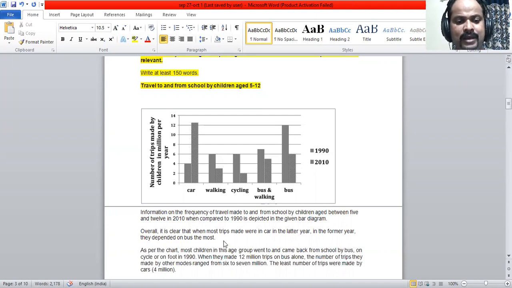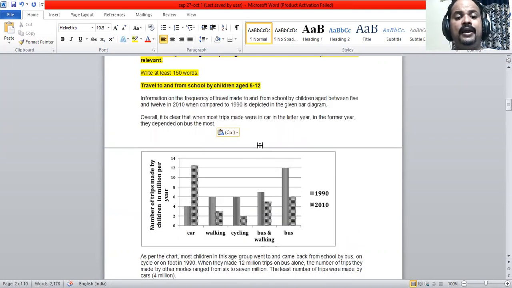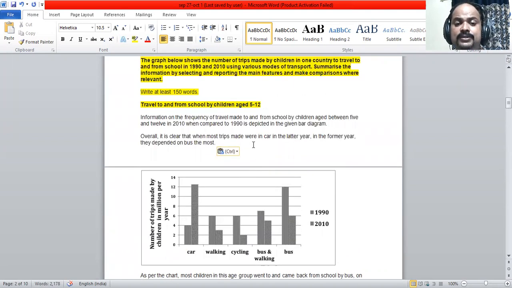Now let's go ahead with the introduction as well as the overview of this particular chart. Information on the frequency of travel made to and from school by children aged between 5 and 12 in 2010 when compared to 1990 is depicted in the given bar diagram.